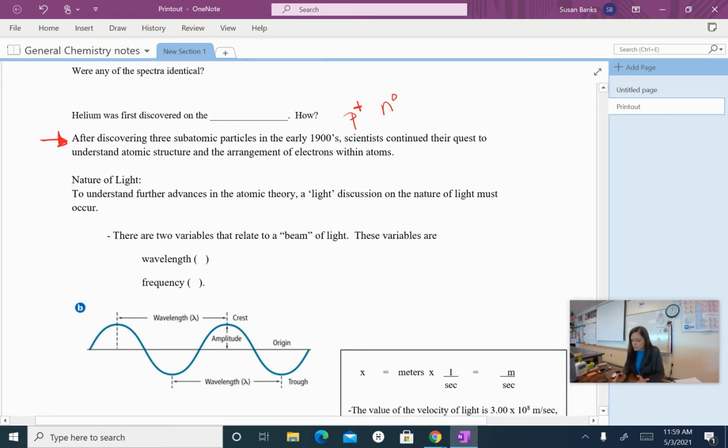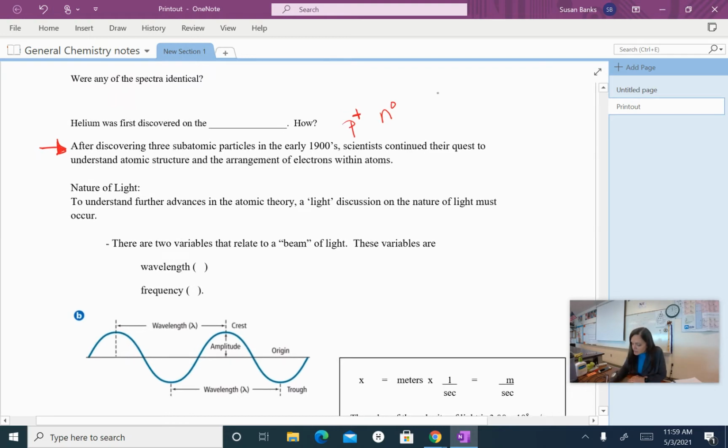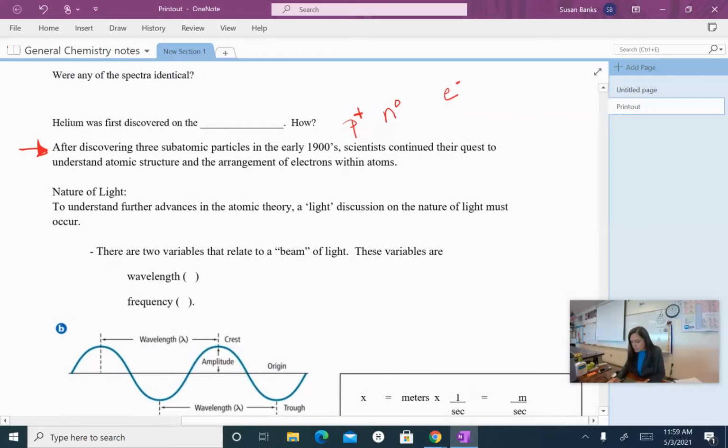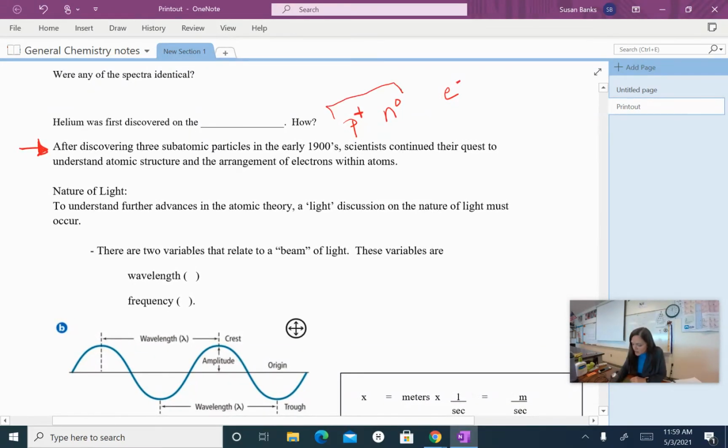They are also in the nucleus, and they discovered electrons, and they are charged negatively, and they are outside the nucleus. So we have these in the nucleus and these electrons outside the nucleus of the atom.